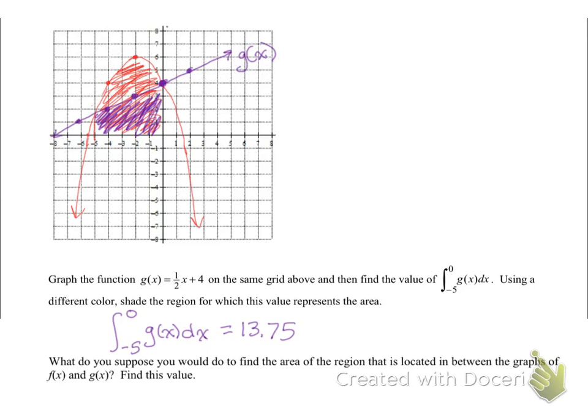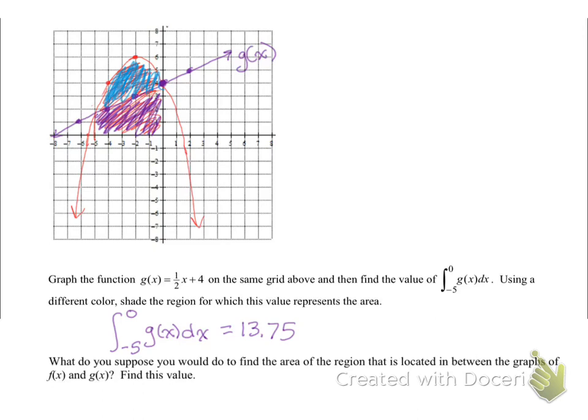Now, what do you suppose you would do to find the area of the region that is located in between the graphs of f of x and g of x? So you're actually looking for this area right here. Okay, the area between the two graphs. Well, it's kind of a straightforward answer.